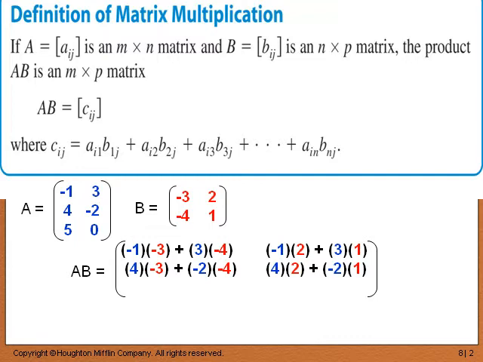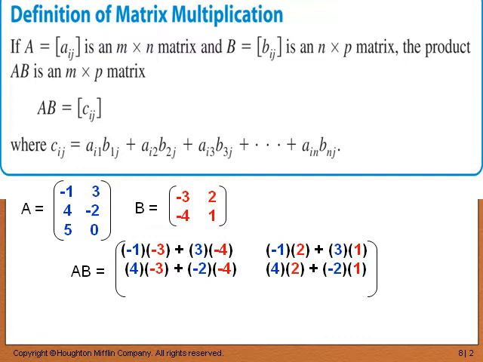And in like manner, now we are using the second row of the left-hand matrix A and the first column of the right-hand matrix B. And so we have 4 times -3 plus -2 times -4. And that gives us the corresponding element in the product matrix. That'll give us the element that's in the second row and first column of the product matrix.